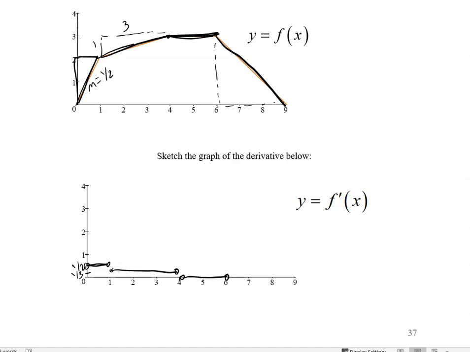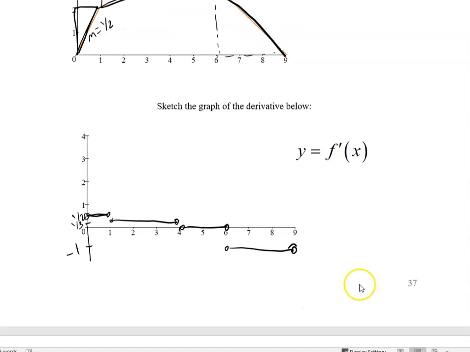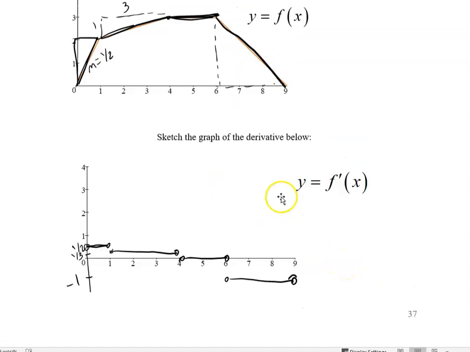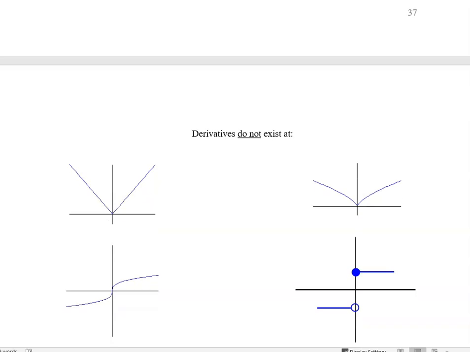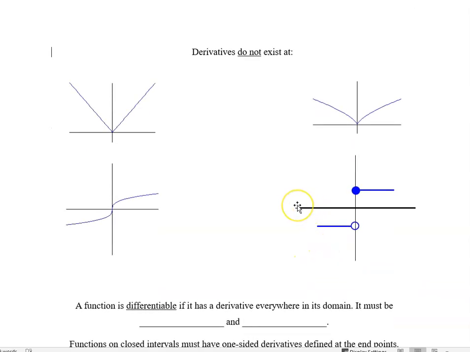So my slope down there is -1. And so the graph below, as messy as it is, that's my derivative function. And all this does is model what the slopes are, show you what the slopes are at each of those given segments.